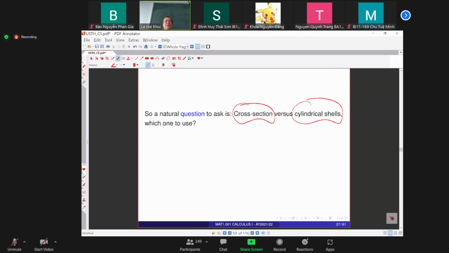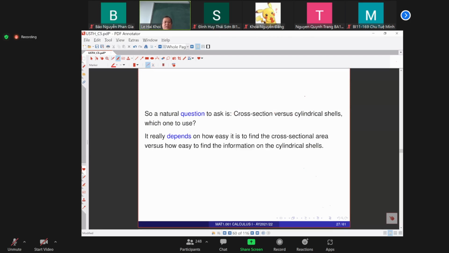It is very important to determine what method you want to use, then apply the corresponding formula. So it depends on how easy it is. If cross-section or cylindrical shell is easier to find the area, then you use that to work on. Okay?